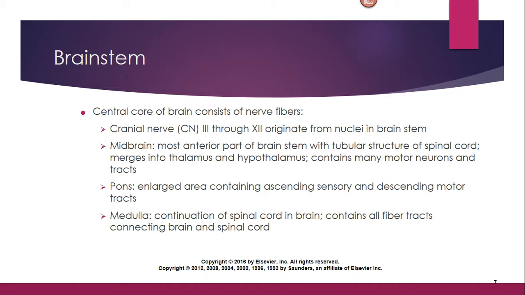Our midbrain, which is the most anterior part, with a tubular structure of the spinal cord that merges into the thalamus and hypothalamus, that contains many motor neurons and tracts. Then our pons, which is an enlarged area containing ascending sensory and descending motor tracts. And then our medulla, which is a continuation of our spinal cord into the brain, and it contains all the fiber tracts connecting the brain and the spinal cord.